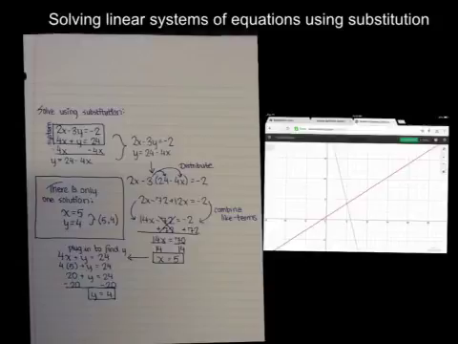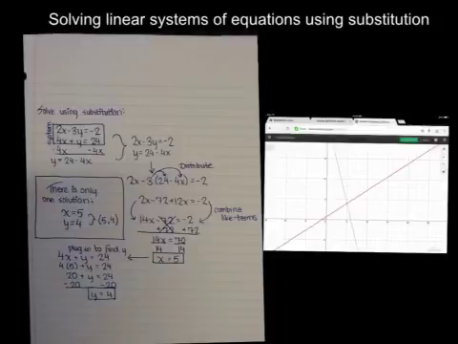So now that we know what y is, we can plug that into the equation 2x minus 3 in parentheses 24 minus 4x is equal to negative 2. Once you distribute that, you will get 2x minus 72 plus 12x is equal to negative 2. So you combine like terms and get 14x minus 72 is equal to negative 2. And you will add 72 on both sides to get 14x is equal to 70.